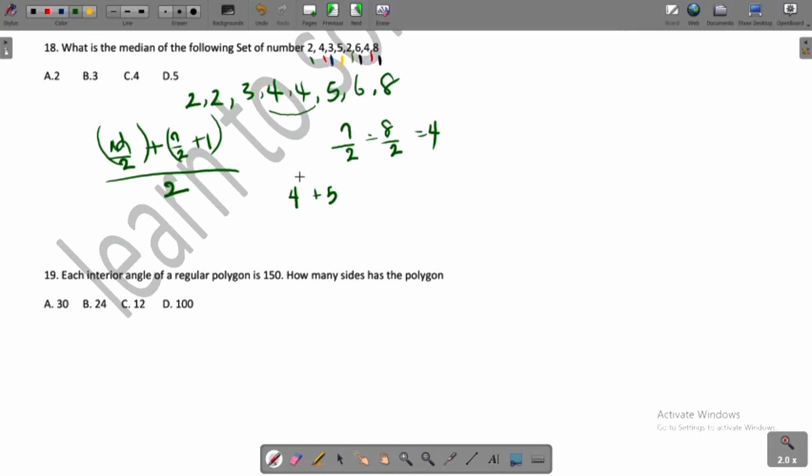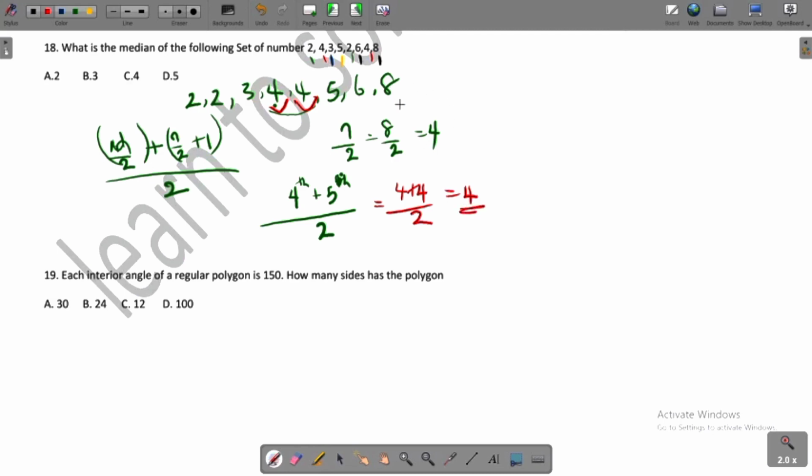That is the fourth term and the fifth term, divided by 2. So we go back here. These are first term, second, third, fourth, so the fourth and the fifth. What do you do? 4 plus 4 divided by 2. That's 4.